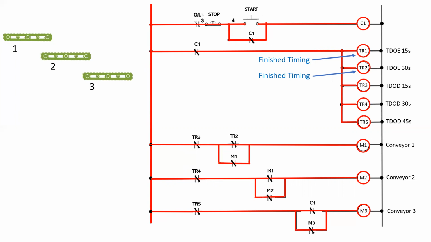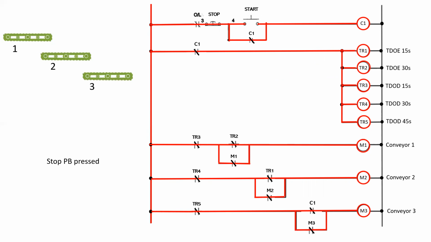We now have a holding path in place for motor 1. At this time, the system is just going to simply run. There's nothing that is going to further time until we press the stop push button. So we started the third conveyor first, then conveyor 2, then conveyor 1.